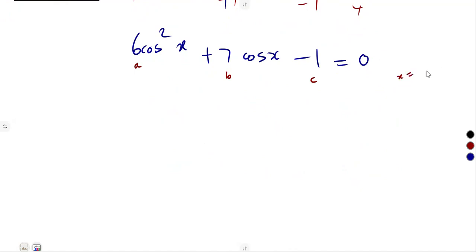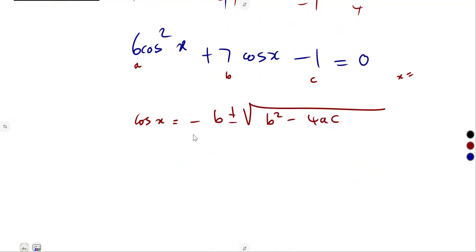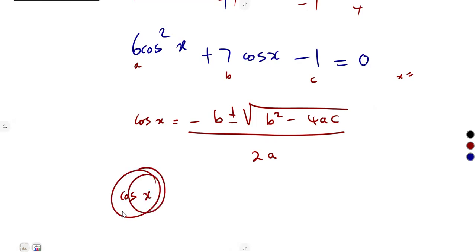Here we are dealing with the cos of x. So therefore, we're going to write our formula as cos of x is equal to minus b plus or minus the square root of b squared minus 4ac, everything over 2a. Substituting our a, b, and c, we have cos x, a single trig.